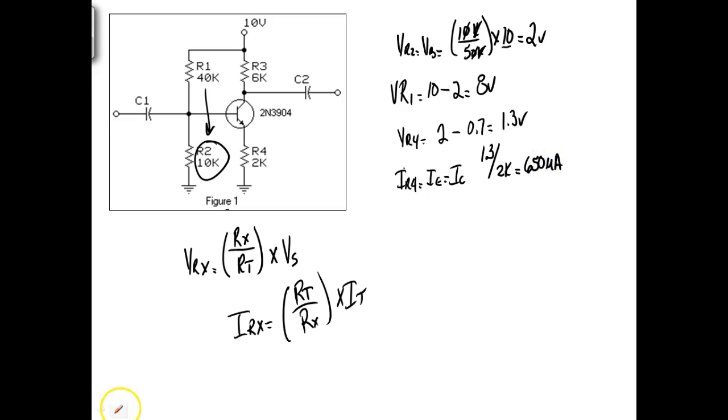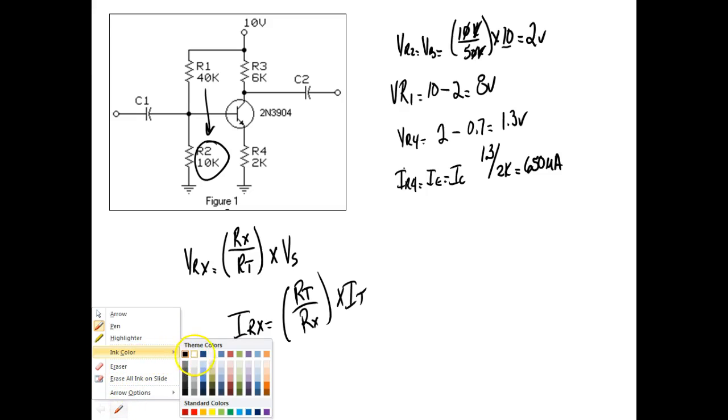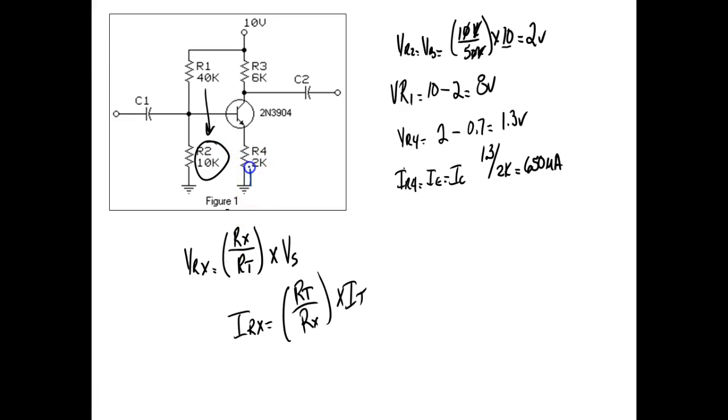So now I'm working on this series circuit over here. This is the direction of my current flow. If I've got 650 microamps flowing through that guy right there, I've got 650 microamps flowing through my transistor, and I've got 650 microamps flowing through R3.